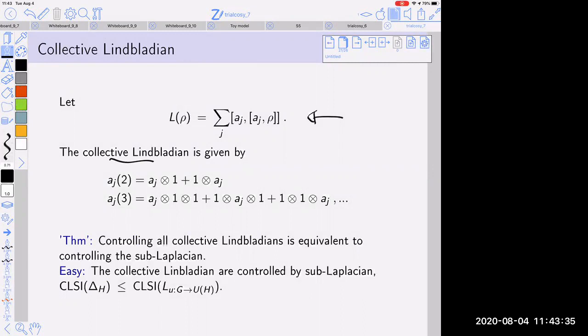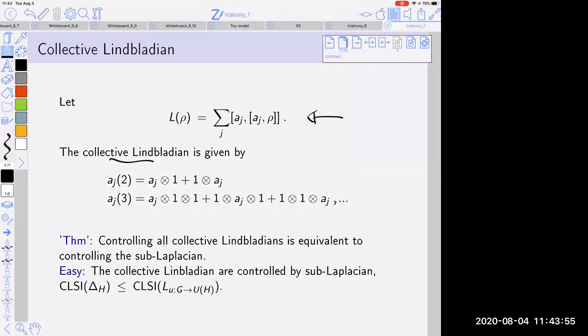So you have your generators Aj, and now your new generators are Aj tensor 1, 1 tensor Aj. Or if you have 3, then you take 3. And that is very much parallel to W states, right? You change one thing or you can perform the other component. So the construction is rather natural.